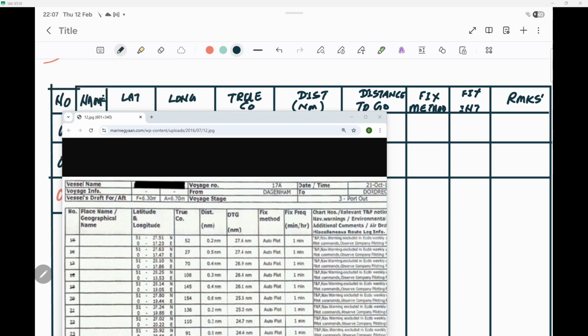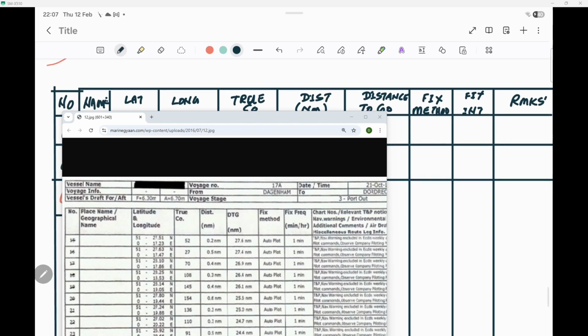So let's say you complete up to 5 waypoints. You write down the latitude and longitude, take it from the chart, put it into this course card, then you calculate.